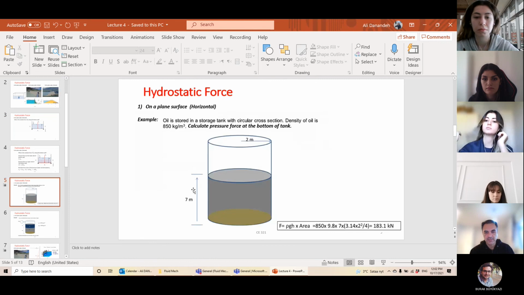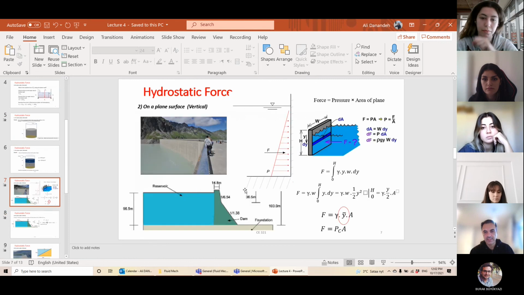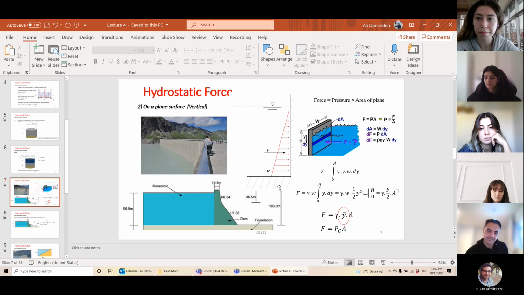How about this one? Where is the location of this F? I found F equals P_C times area. Where is the location? Acts here, here, here? Centroid, where is it?